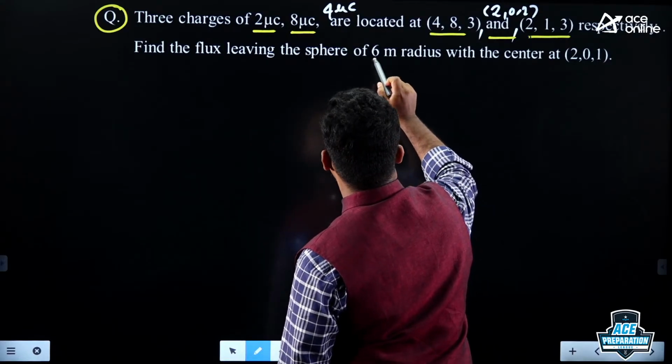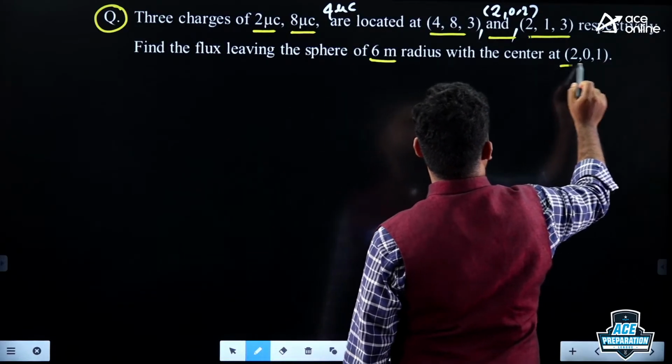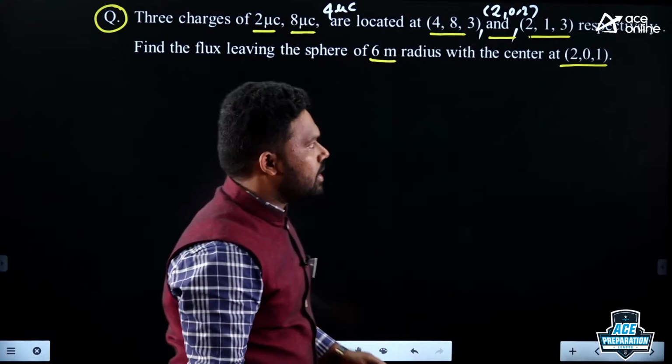Find the flux leaving the sphere of 6 meters radius with center at 2, 0, 1.